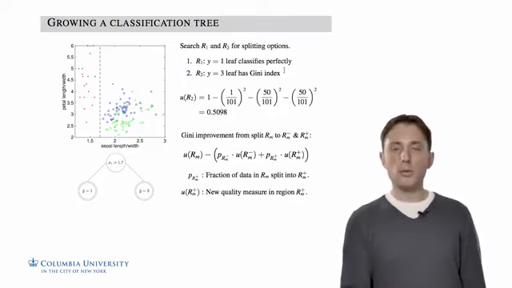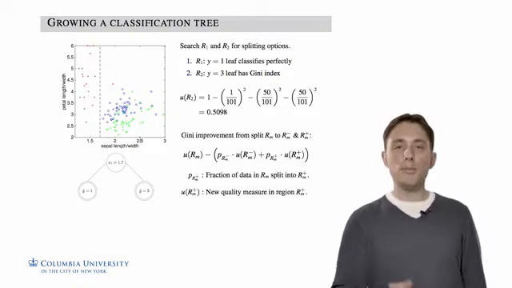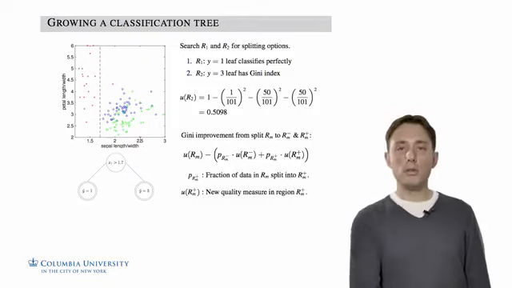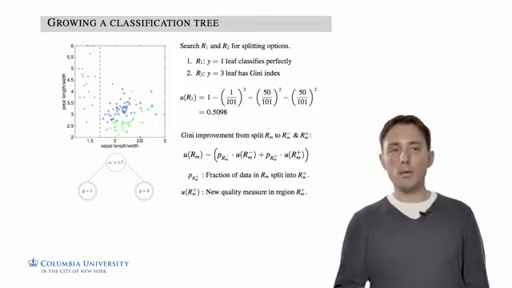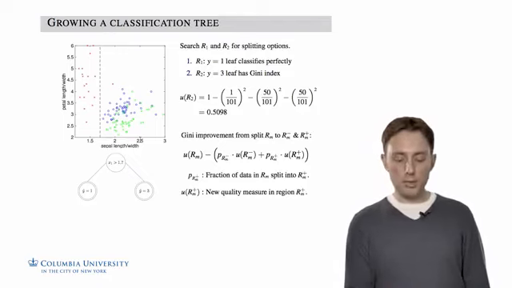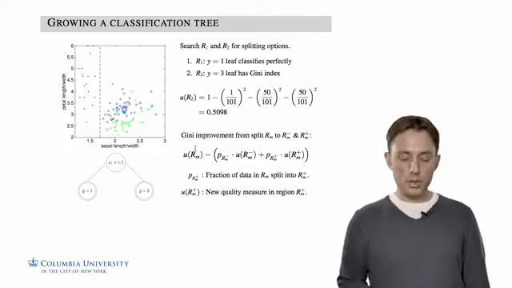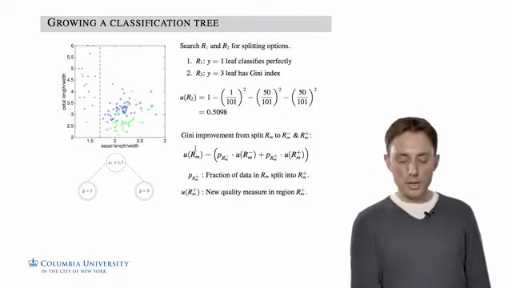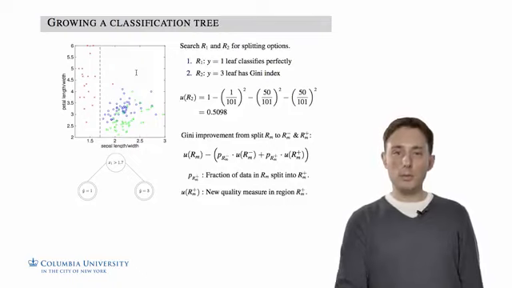We want to now pick a dimension to split and a point at which to split to minimize the resulting Gini coefficient of the two regions. So what does that mean? What is the improvement that we get from a split? Well, we have our first Gini coefficient from the original region. We then choose to split this region into two different regions.